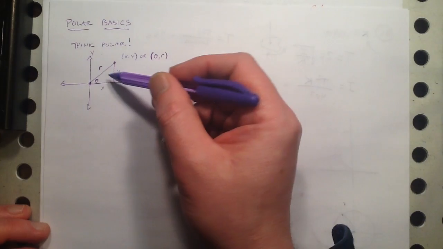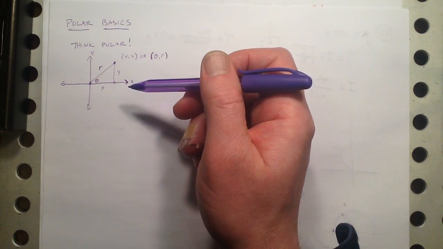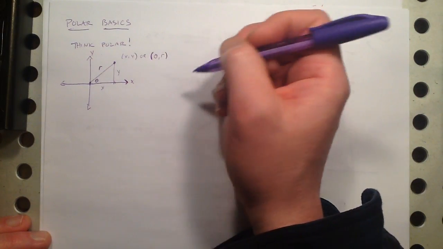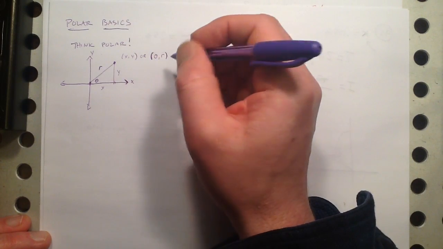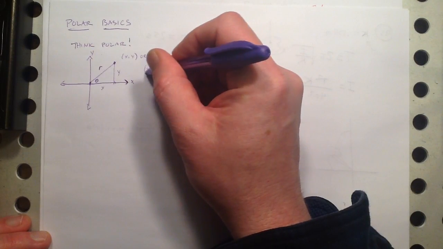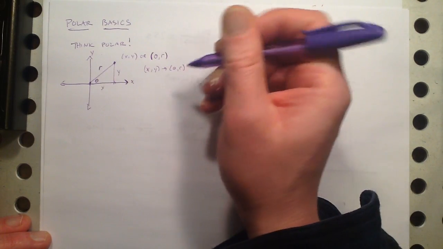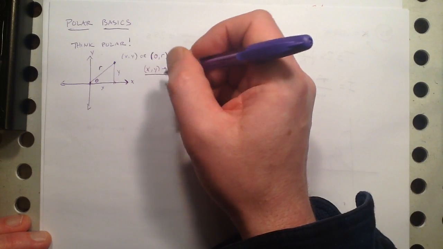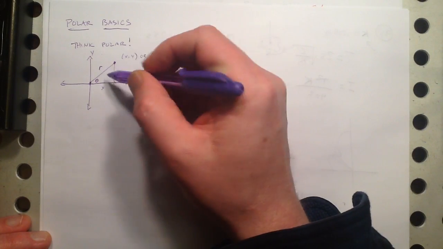And there are some obvious trig relationships between these two different ways. So we'll just talk about those real quick. If you want to go from x, y to theta, r, how would you get a theta from this information?